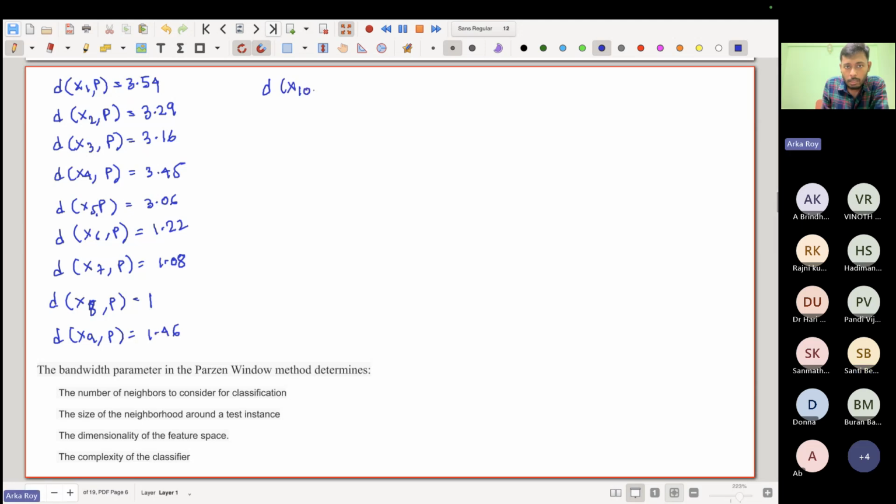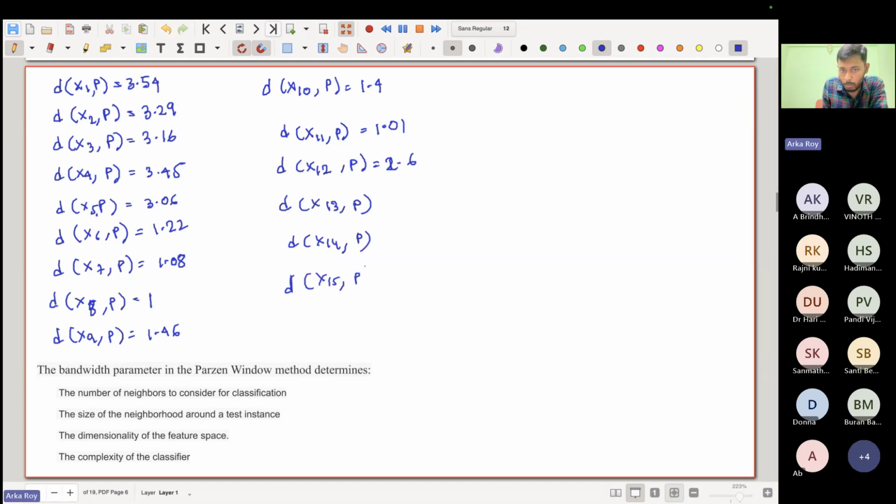x10 comma p, 1.4. x11 comma p, 1.01. x12 comma p, sorry, this is 2.6. x13 comma p, so this is 1.72, 1.49, 1.36, 1.06.